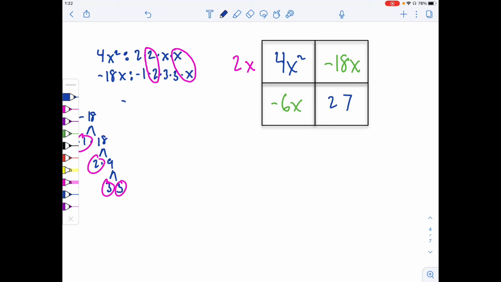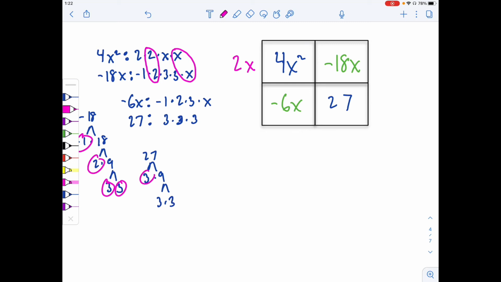Next row, negative 6x and 27. We have negative 1, and 2 times 3 gives us 6. And 27 is 3 times 3 times 3, right, because 27 is 3 times 9, and 9 is 3 times 3.